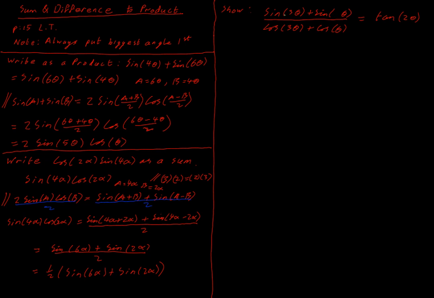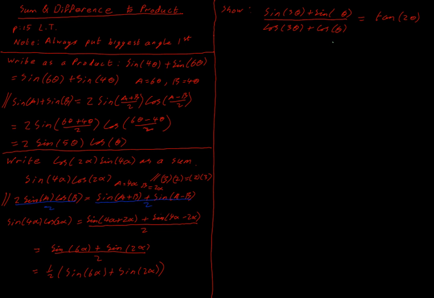We know that if we're going from a sum of sines and cosines to a product, we are going to end up getting the average of the A and the B, so the average of 3 theta plus 1 theta, so we're going to end up with 2 theta as one of our angles, and we have 2 theta over here, and on the other side we are going to end up with 1 theta.